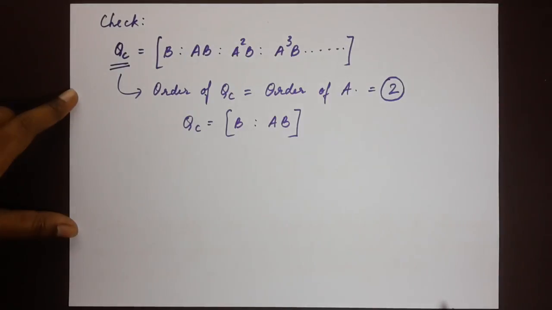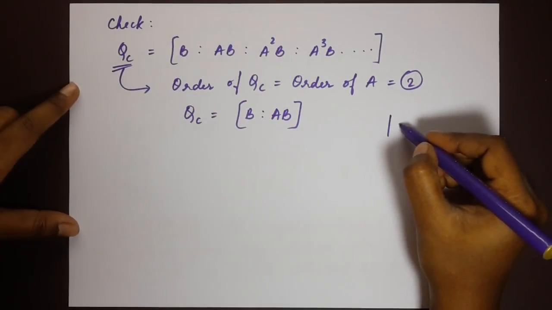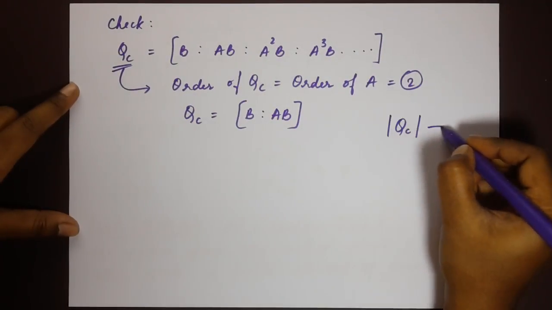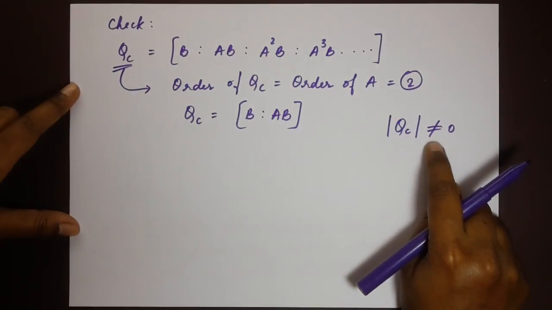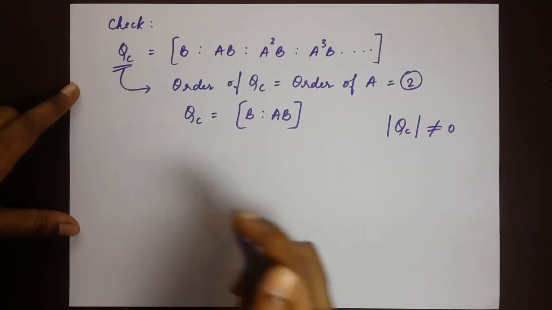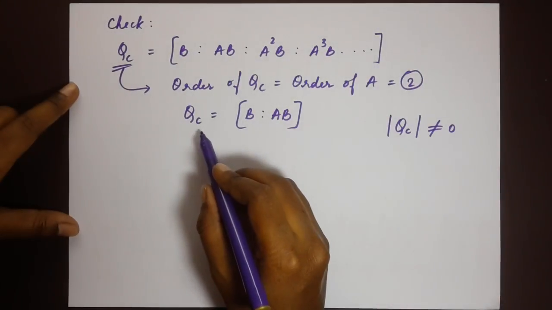So let's work on that. We have to show that the det of QC is non-zero. So this is what proves that the system is controllable. Let's start with forming the matrix QC.